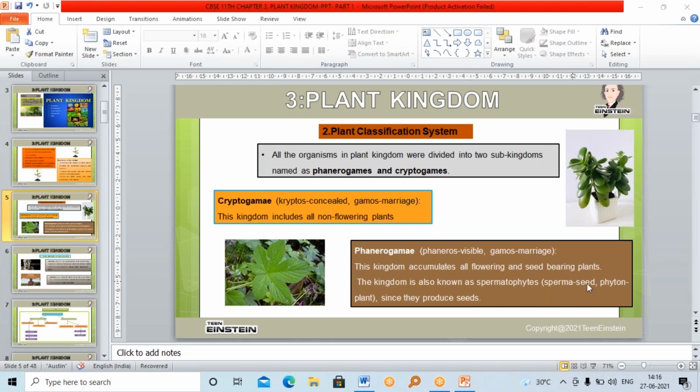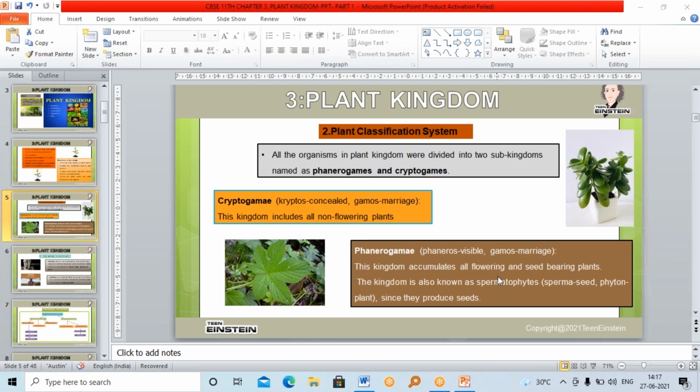So all flowering plants, and flowers are the visible reproductive structures in phanerogams. So phanerogamy means they have visible reproductive structures as flowers. And all flowering and seed-bearing plants, those plants which have flowers and seeds, belong to this subkingdom, phanerogamy.